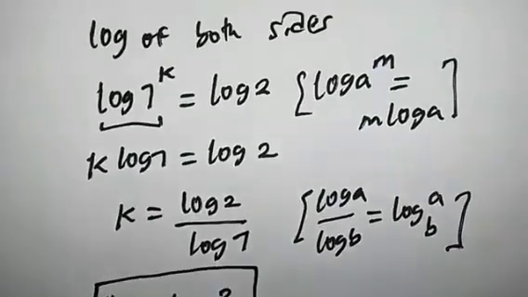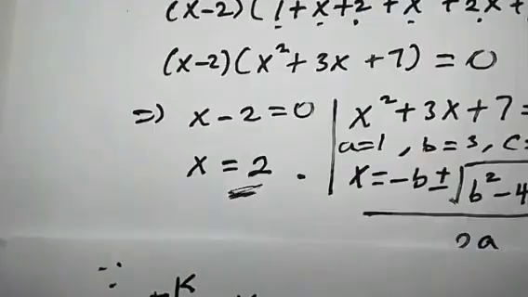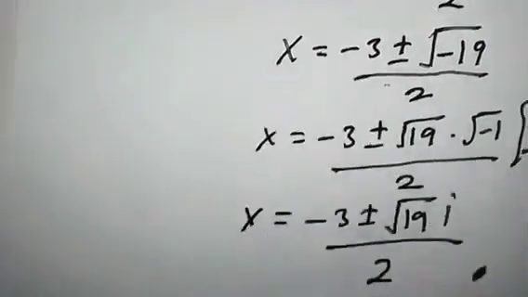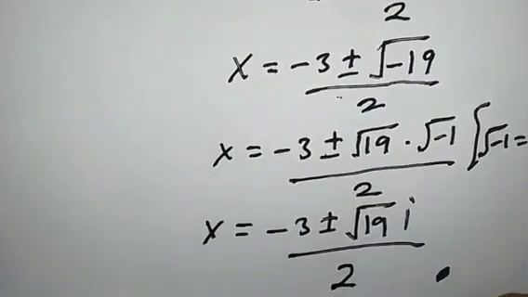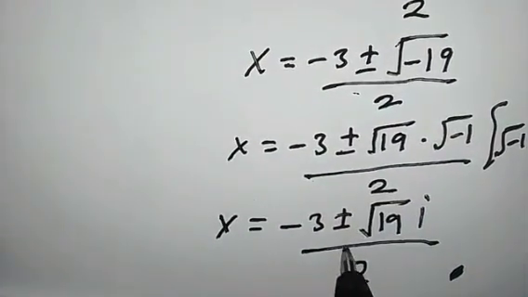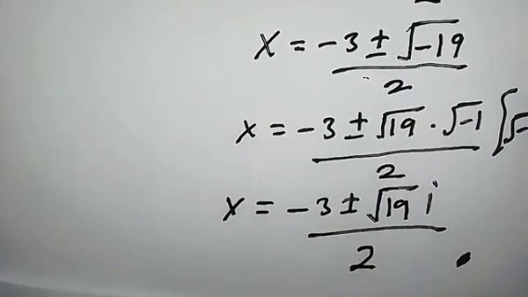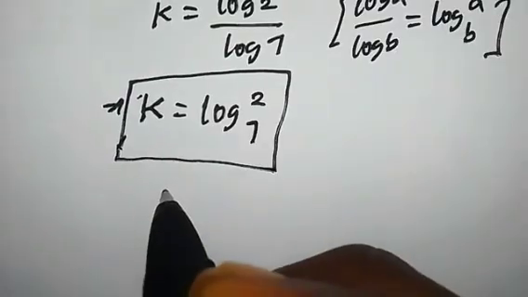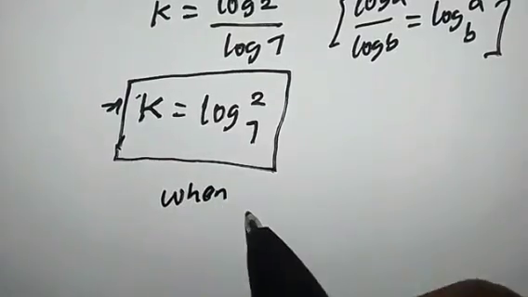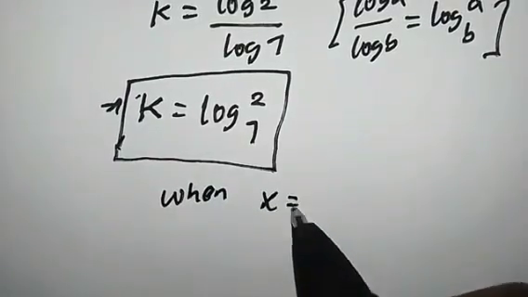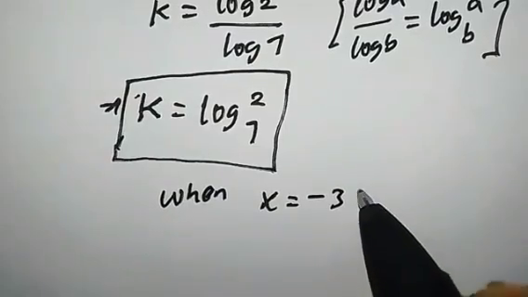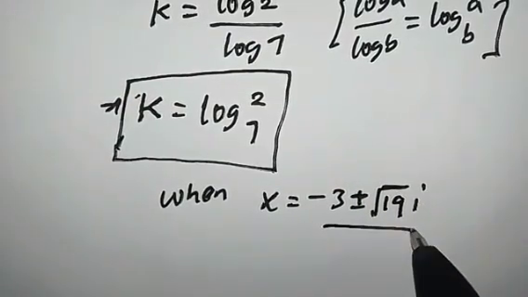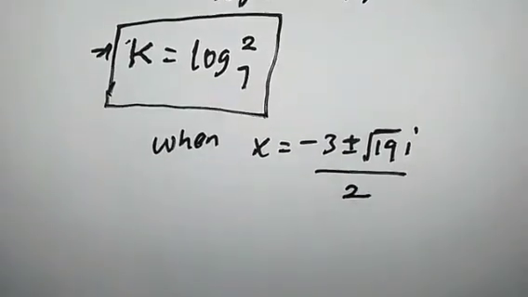Now, let us consider the other value of x that we got here. Where is it? Okay, got it. So we are going to consider this value of x now, a complex solution. Similarly, when x is equal to minus 3 plus or minus square root of 19i divided by 2.